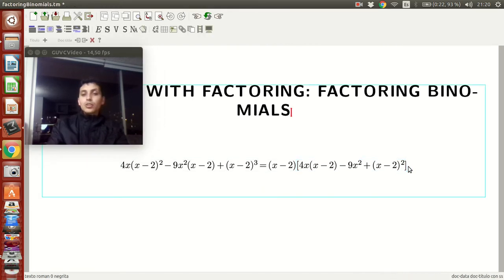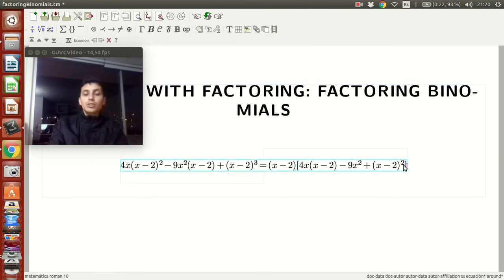Now, to see if we can simplify or factor the expression more, you need to take this term in square parentheses and simplify the things that you have in parentheses.